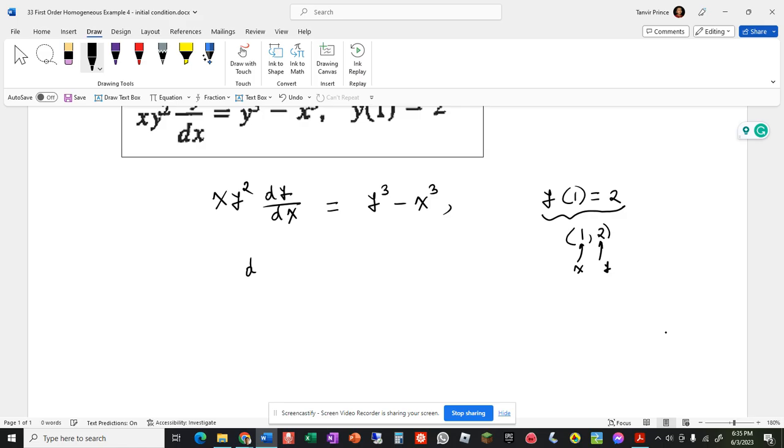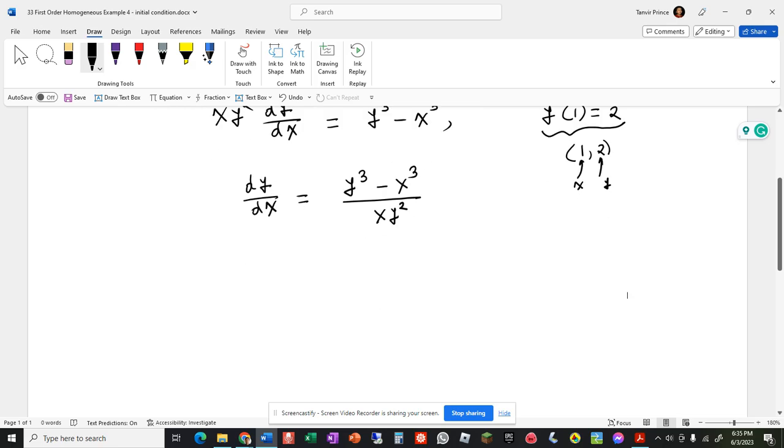So I'm dividing both sides by xy squared. So let's go ahead and do that. y cubed minus x cubed divided by xy squared. Let's distribute the denominator. So I get y cubed over xy squared minus x cubed over xy squared.